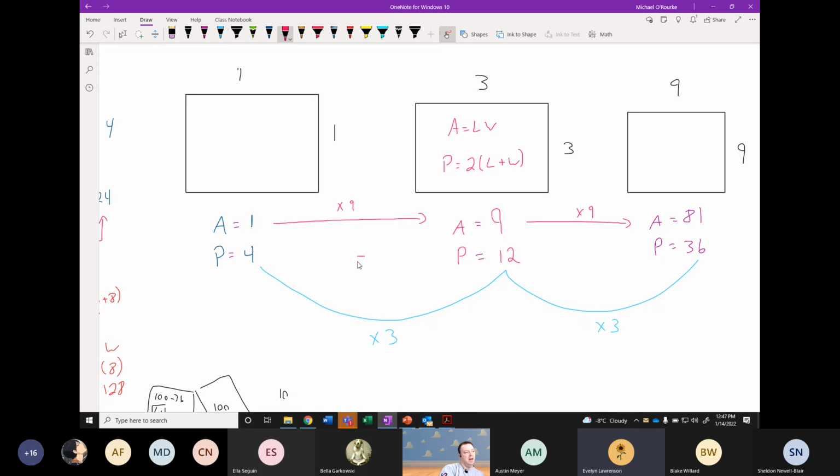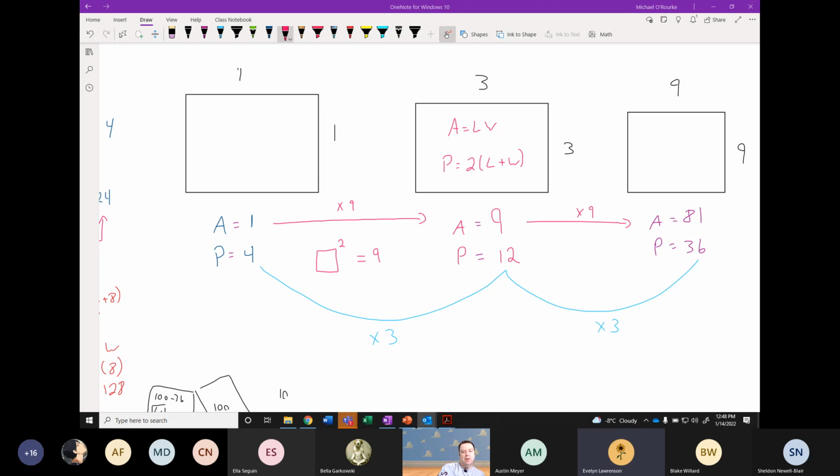What also equals 9? 3 squared, yeah. 3 to the power 2, right?